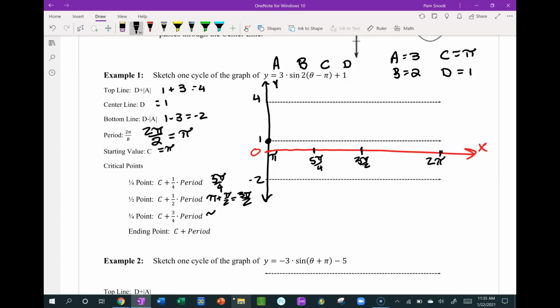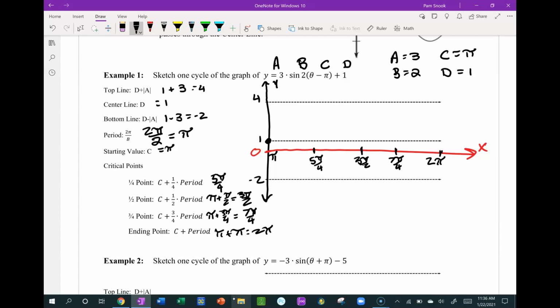So I'm going to do pi plus 3 pi over 4, which gives me 7 pi over 4. So right here is 7 pi over 4. And then my end point, that's where I've completed a complete cycle. So I'm going to take my C, which is pi, and add the period, which is also pi. So pi plus pi gives me 2 pi.